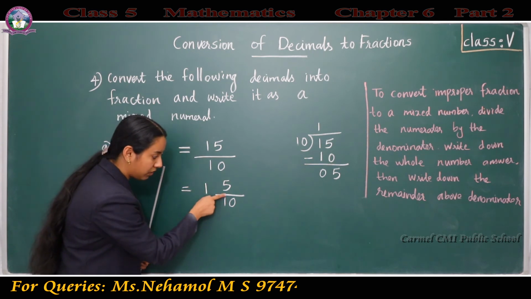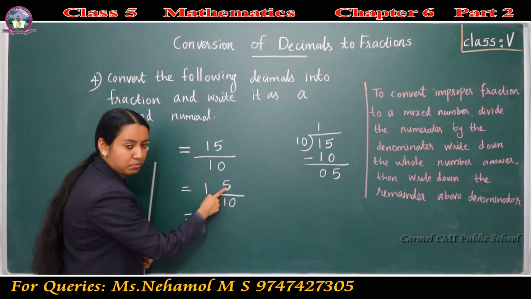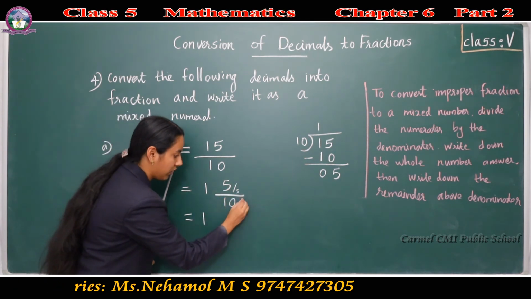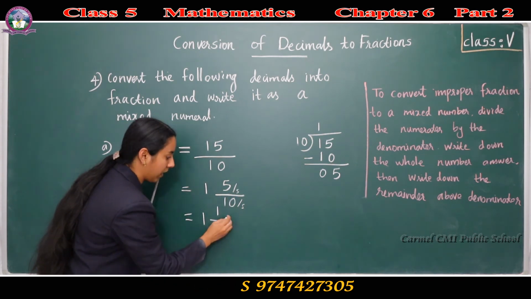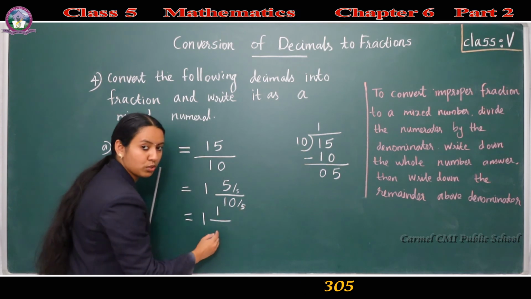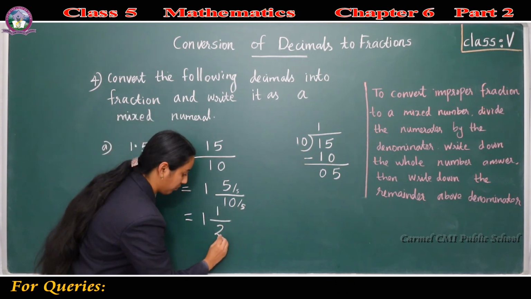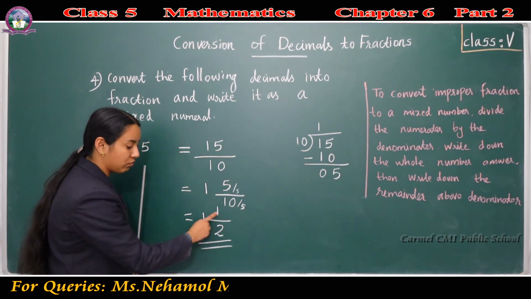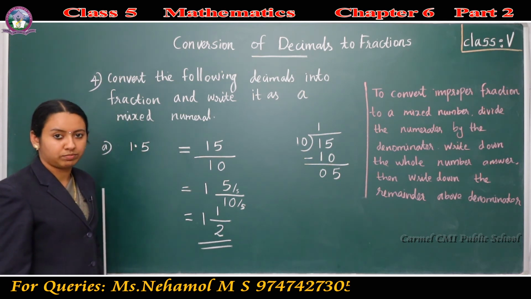Again, 5 and 10 are both divisible by 5. 5 divided by 5 is 1, and 10 divided by 5 is 2, since 2 fives are 10. So we get 1 1 by 2, which is the mixed numeral.